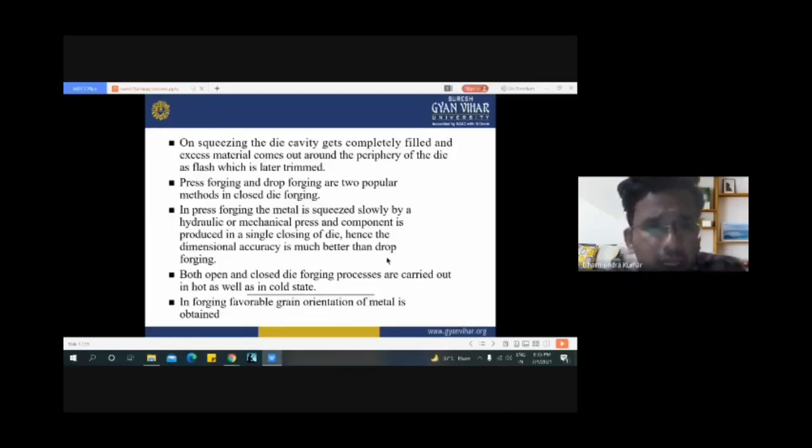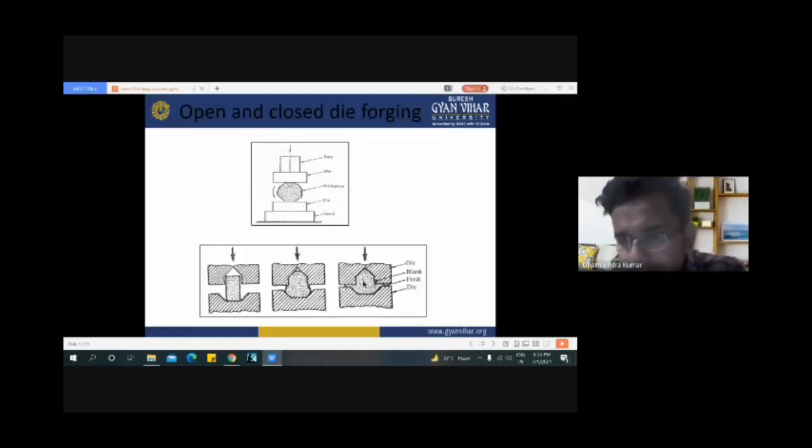Here is some theory regarding open die forging and closed die forging. On squeezing, the die cavity gets completely filled and excess material comes out around the periphery of the die as flash, which is later trimmed. This point is talking about the extra material removed from these small cavities.